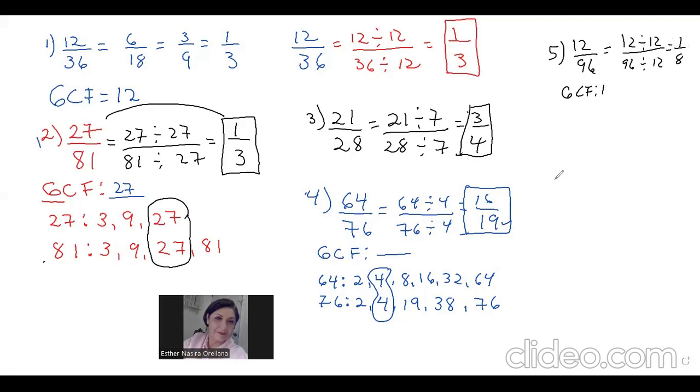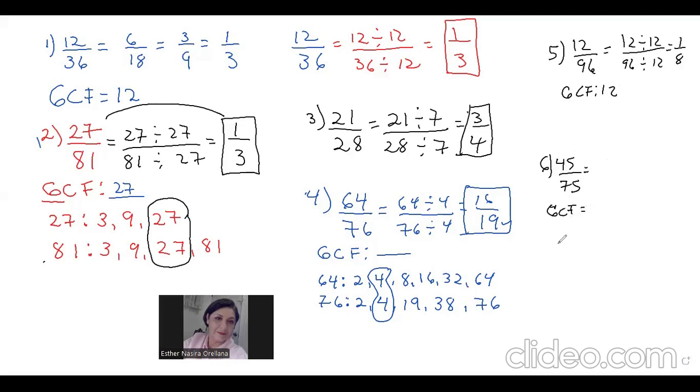One more. Number 6. Let's use 45 over 75. Greatest common factor of these two numbers, numerator and denominator.